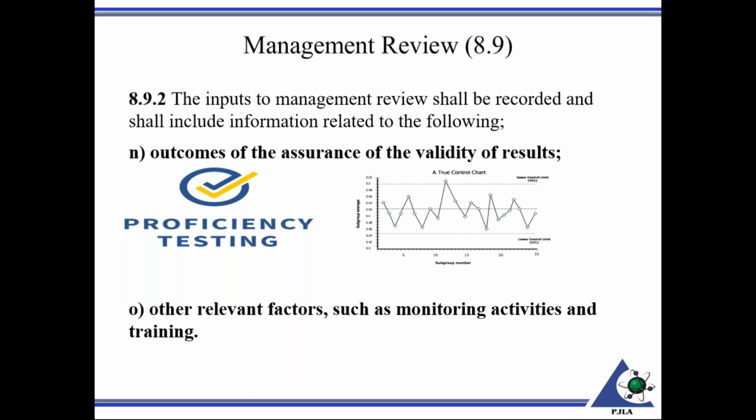If you have equipment that you have had calibrated and it seemed like it was drifting out of tolerance, maybe it's a good time to go back and look at any intermediate checks you have on that equipment, and perhaps shorten a calibration interval, for example, if it was detecting a potential drift. That would be one example of other things that could be included under this input item. And now a catch-all: other relevant factors such as monitoring activities and training.